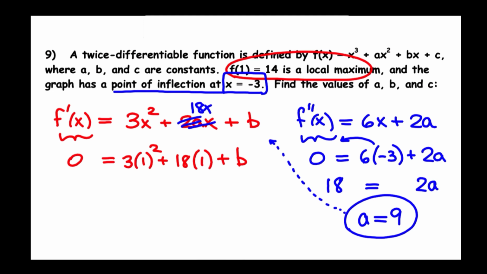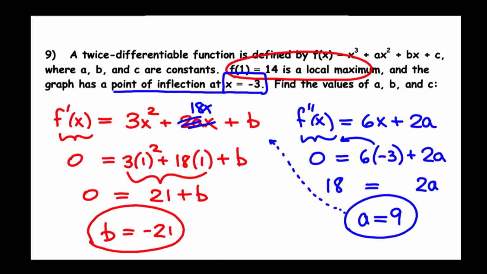That's how you find it. You set the derivative equal to 0. That's 3 plus 18. That's 21 plus b is 0. So clearly b has to be -21. So I've got a and b. We're going for c.